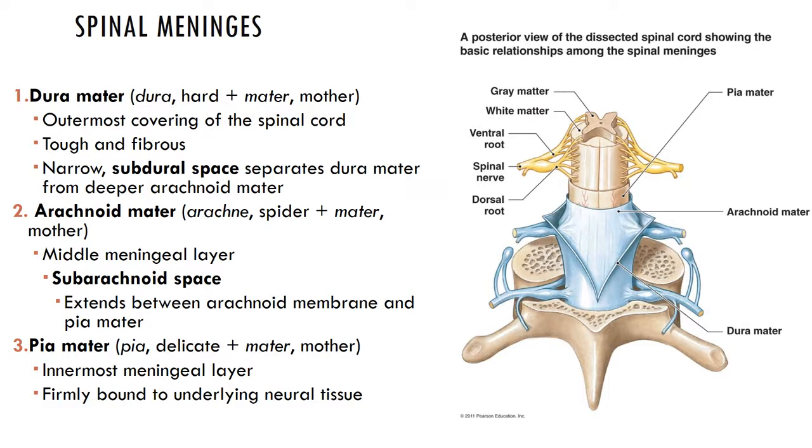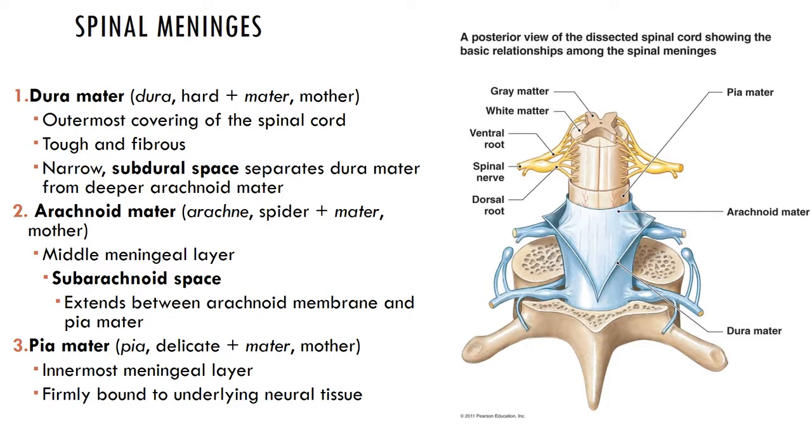The subarachnoid space contains the arachnoid trabeculae, which is a network of collagen and elastic fibers that attaches the arachnoid mater to the pia mater. It is filled with cerebrospinal fluid, which acts as a shock absorber and a diffusion medium for gases, nutrients, chemical messengers, and waste products.